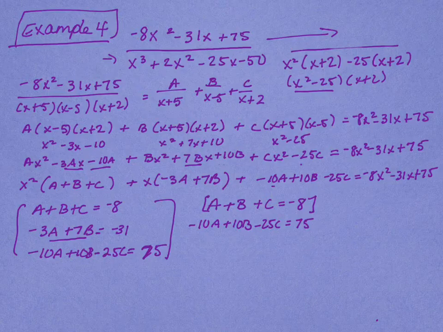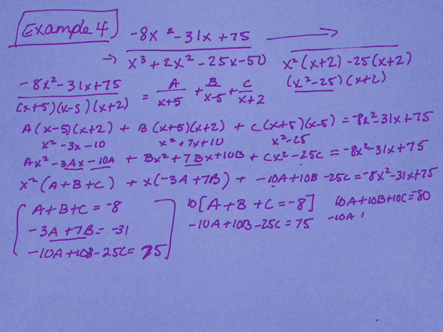Hey, wait, I see something. If I multiply this by 10, I'll get rid of two variables and I'll have C. So that just happened by accident. So this would be 10A plus 10B plus 10C equals -80. And this is -10A plus 10B. Oh, it won't, because it's not a negative and a negative. Shoot.